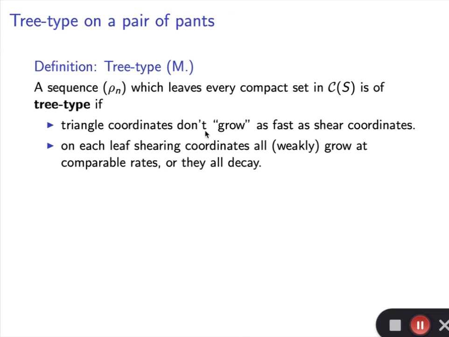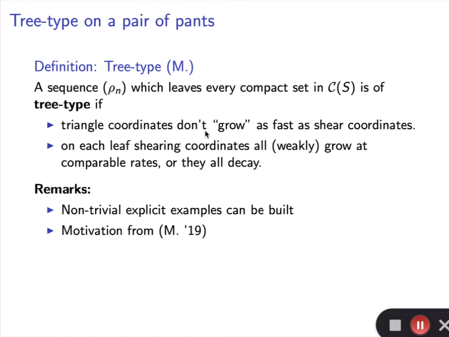So for a sequence of tree type, what we want is that these triangle coordinates don't grow as fast as the shearing coordinates. They're not as dominant. And then we want that on each leaf, either all the shearings are growing or all the shearings are decaying. So there is no mixed behavior.